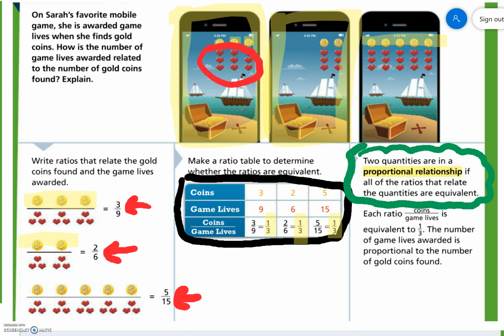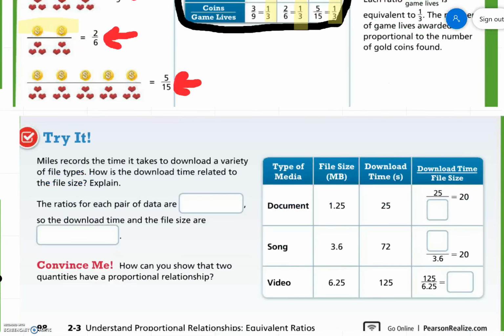Two quantities in a proportional relationship: two quantities are in a proportional relationship if all of the ratios that relate the quantities are equivalent. Equivalent meaning equal, ratios meaning we divided. So each ratio of coins to game lives is equivalent to 1/3. The number of game lives awarded is proportional to the number of gold coins found.